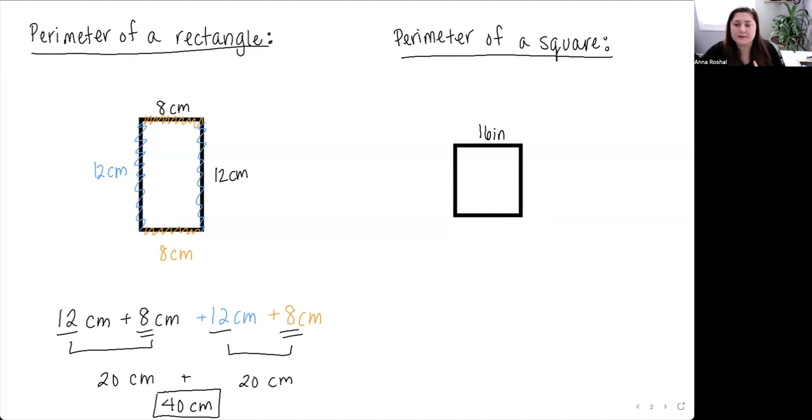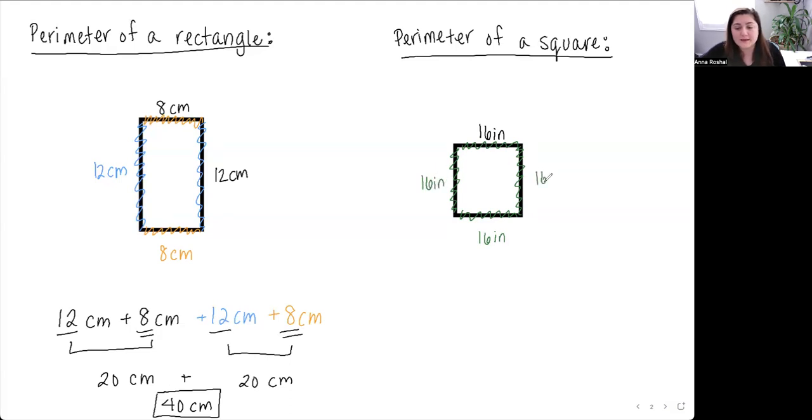Here's what they don't tell us about squares, specifically in the problems that are being given to us. We know that in a square, this side is obviously going to be the same as this side. So this will also be 16 inches. In a square, these 2 sides will also be the same, but guess what? In a square, all the sides are going to be the same.